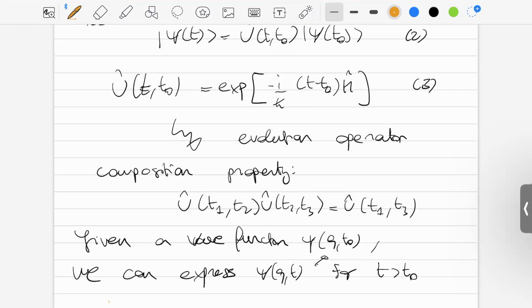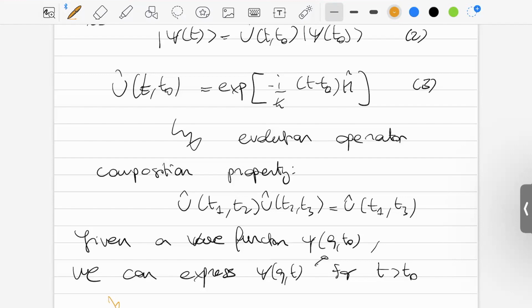So we started from here. We want the wave function at some time t, and you obtain it by integrating the previous wave function, the wave function at time t0, times this new object, which is called the propagator.